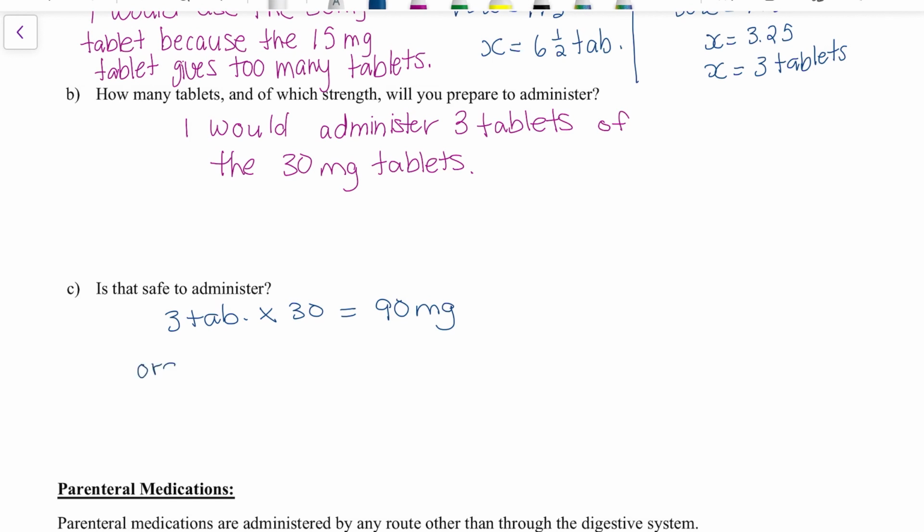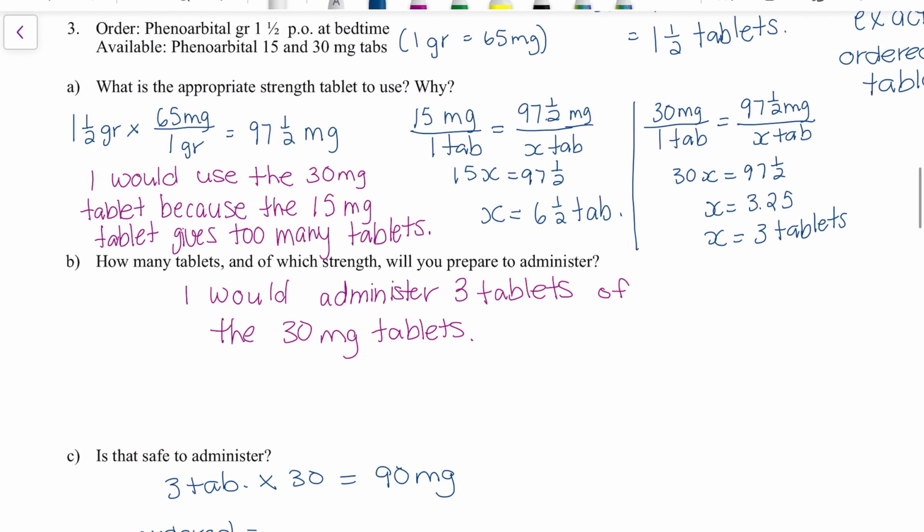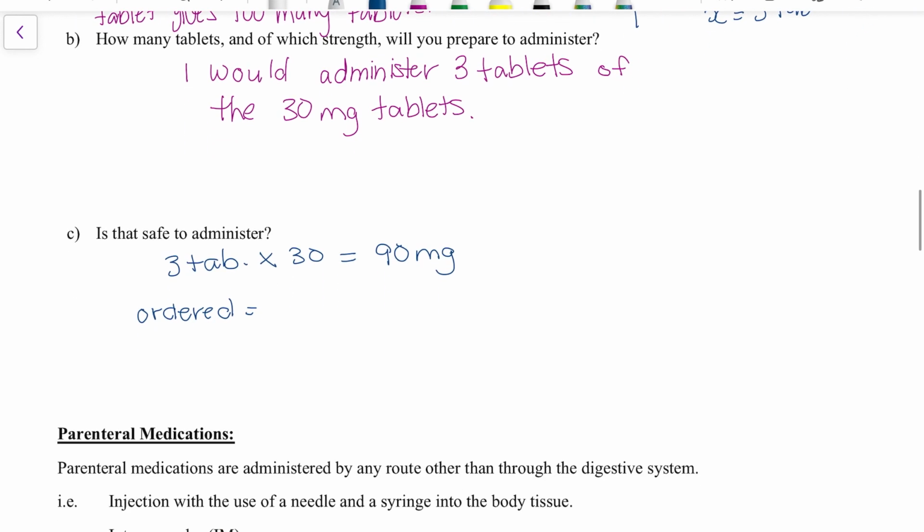And what was ordered when we did that conversion was 97.5. So we need to make sure that 90 milligrams is within that 10% variation. So 10% equals 97.5 times 0.1, which equals 9.75 milligrams.